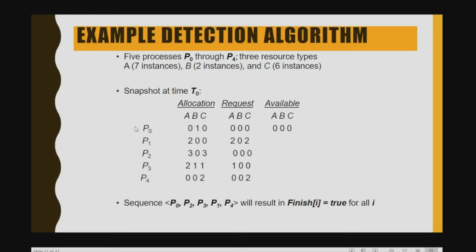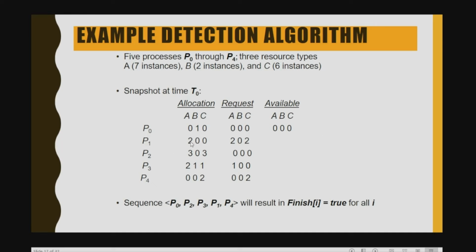So for process 0, 0 from A, 1 from B, 0 from C. This is the allocation; we allocate 1 from resource B. P0 does not make any request for A, B, and C, and the available is 0, 0, 0. Next we go for process 1.